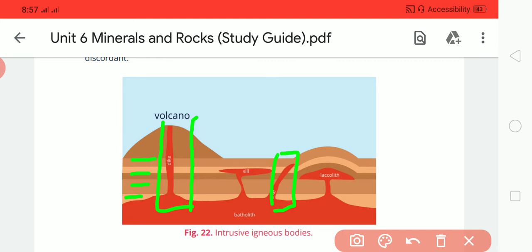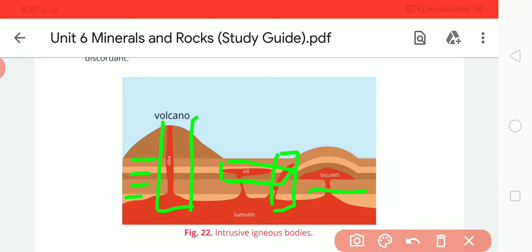On the other hand, the concordant ones are those that run parallel on top of the bedrock. We have here this one and this one. They run along a certain bedrock.